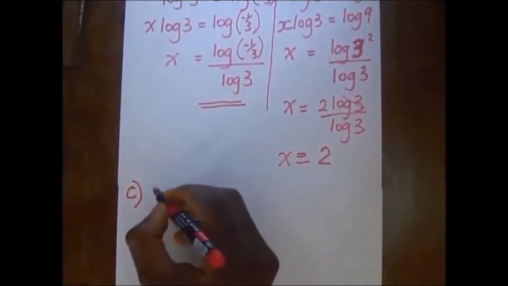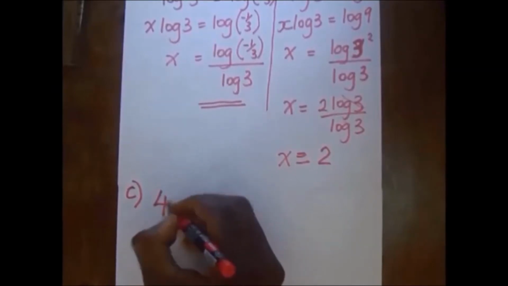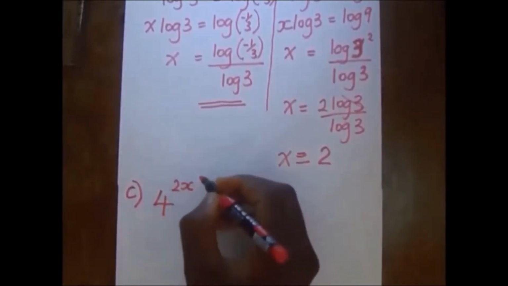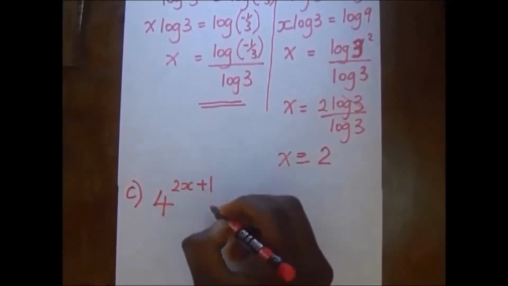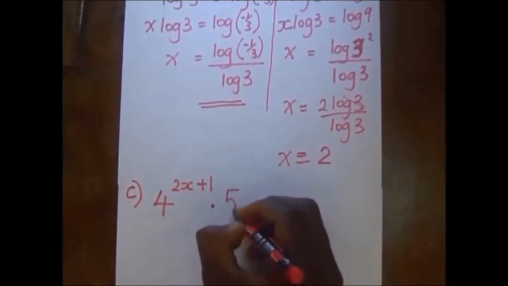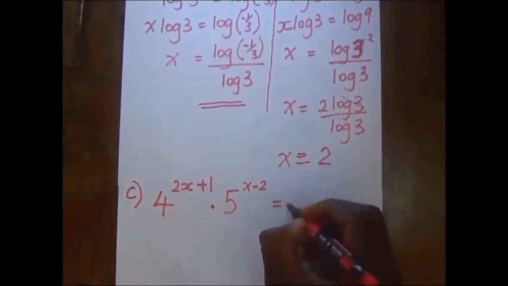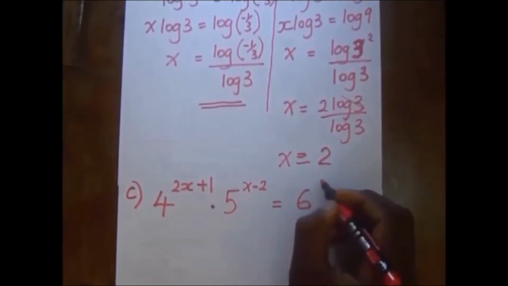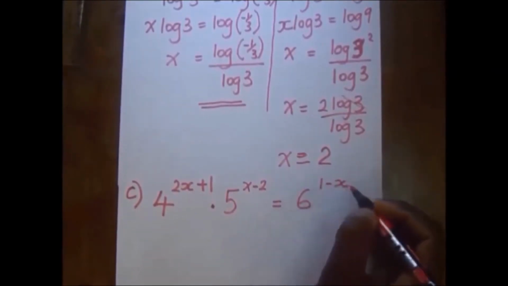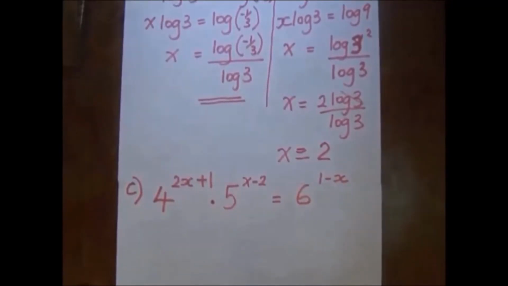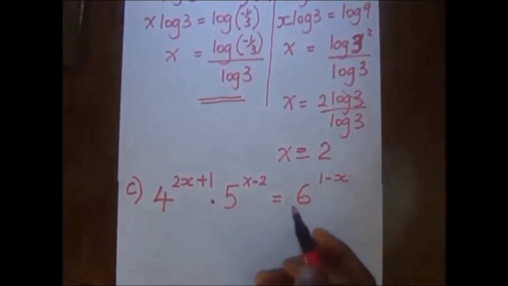Part C of the question states that 4 to the power 2x plus 1 times 5 to the power x minus 2 is going to be equal to 6 to the power 1 minus x. So finding the value of x there, let's introduce logarithms on both sides here.